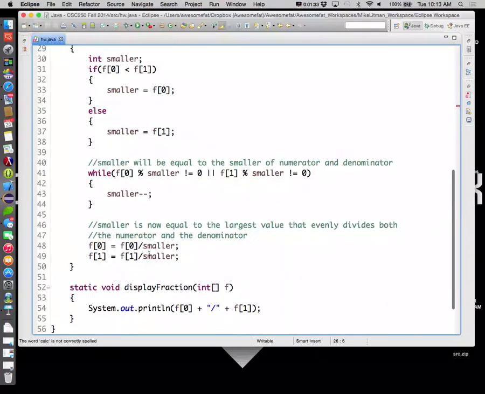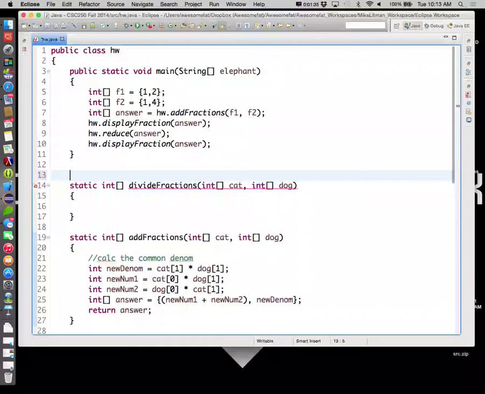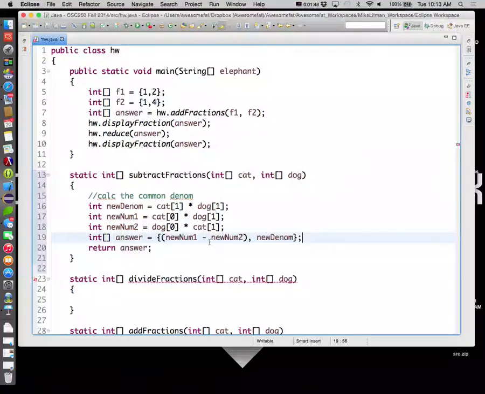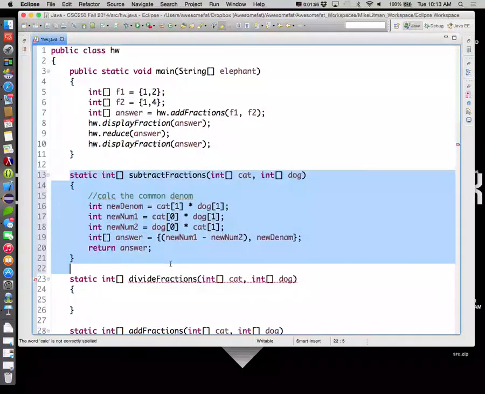We'll call this subtract. Let's put a minus sign in there to subtract the numerators. All right, so there's subtract fractions.